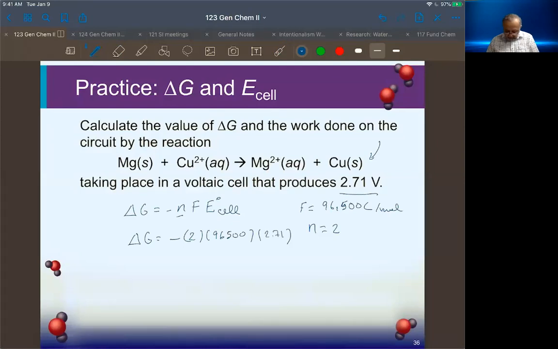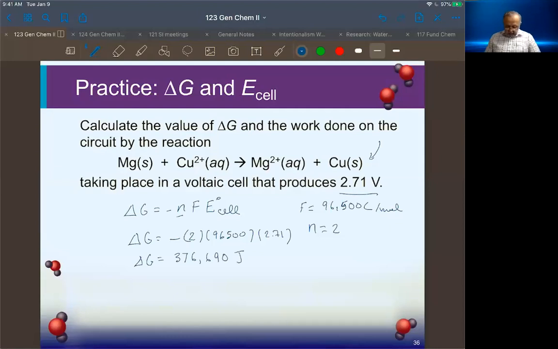That's it. So once I operate on those on my calculator, 2 times 96,500 times 2.71 volts, I get 376,690. And this is going to be joules.